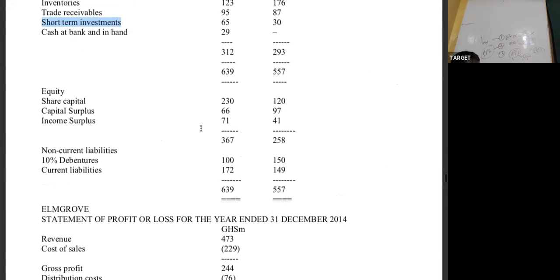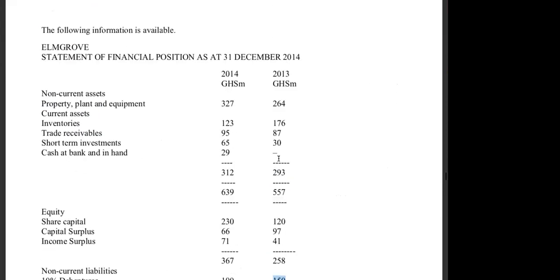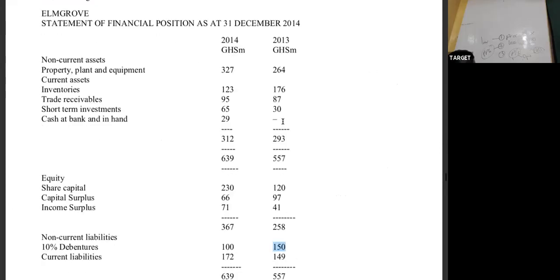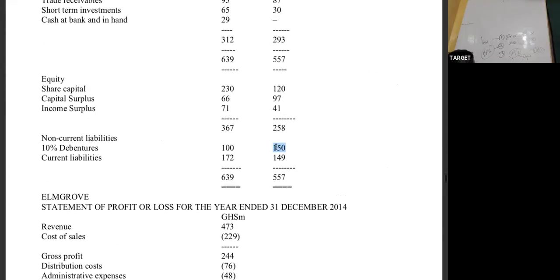That's powerful. Check the non-current liability, check the debenture. The difference is what? 50. Because as of 2013, it is 150. And then they converted 50. So now left with 100.